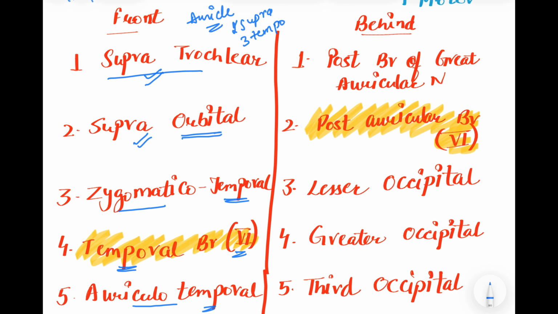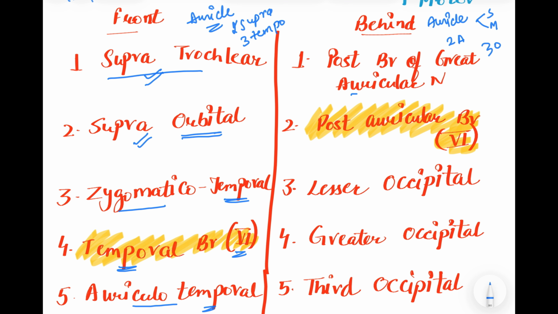If we talk of the nerves which are behind your auricle, as I've said, they are also 5, right? Among that 4 are going to be sensory and 1 is going to be the motor. So behind what we have is the 2 auricle and 3 occipital.